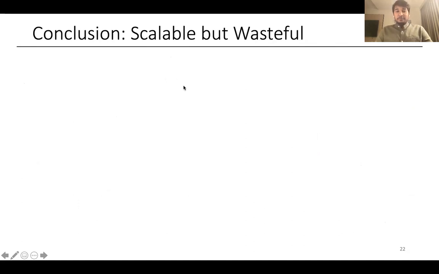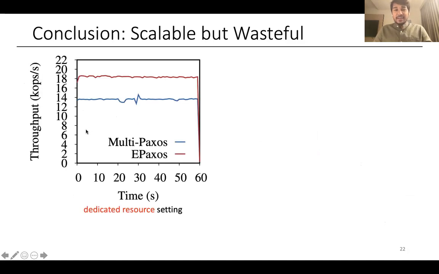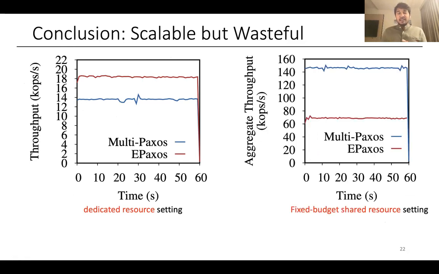So finally, we compare the throughput of replication protocols in a dedicated resource setting and the aggregate throughput of replication protocols in a shared resource setting. And we see that the optimizations proposed so far for replication protocols definitely improve the throughput, but surely ignore resource efficiency.